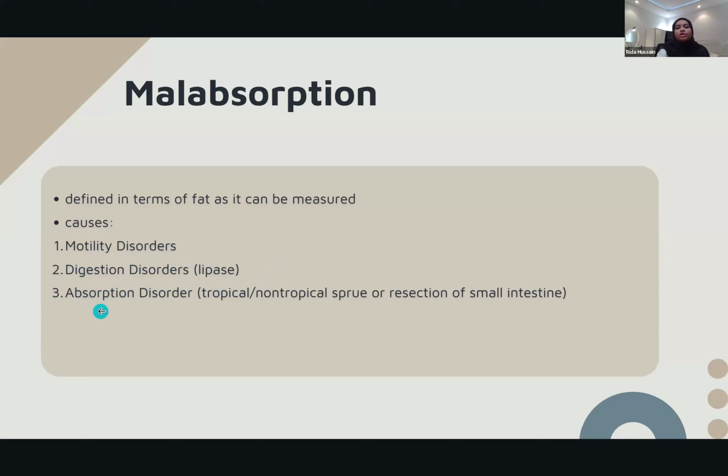And then there can be absorption disorder. This is a disorder in the intestine itself. So either the brush border is damaged or the intestine is damaged or you have removed part of the intestine, okay? For example, if you remove the ileum, you won't be able to absorb B12. That would be an absorption disorder, okay?